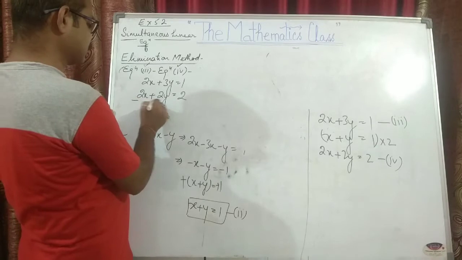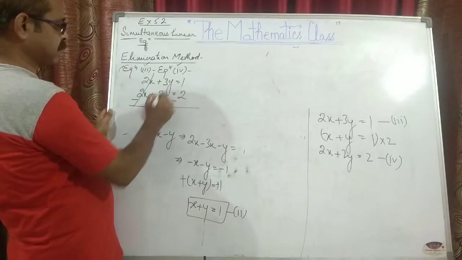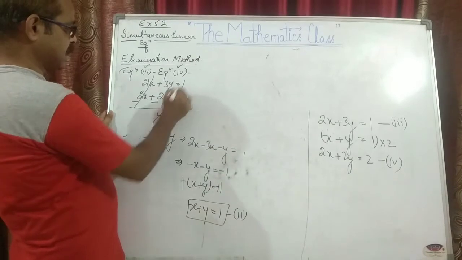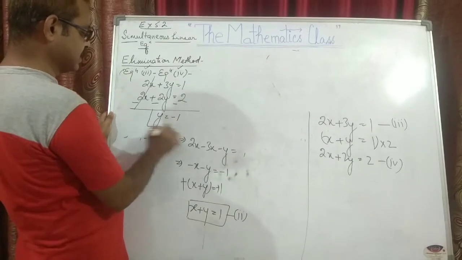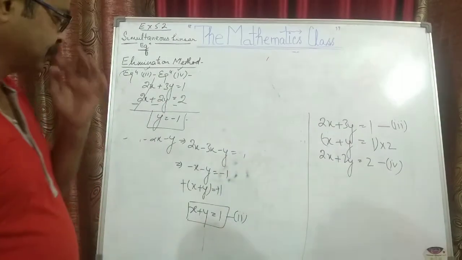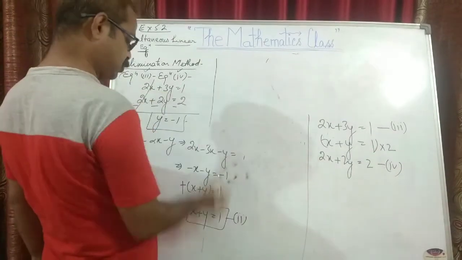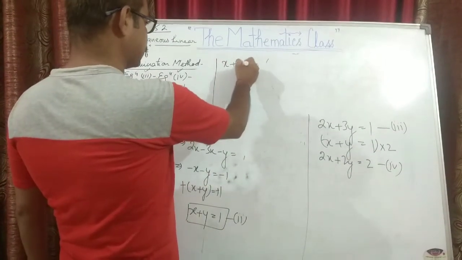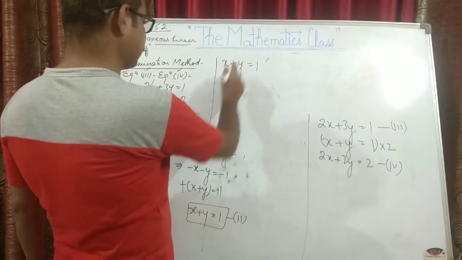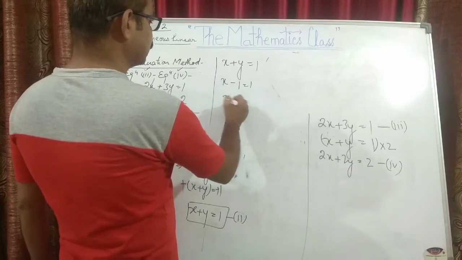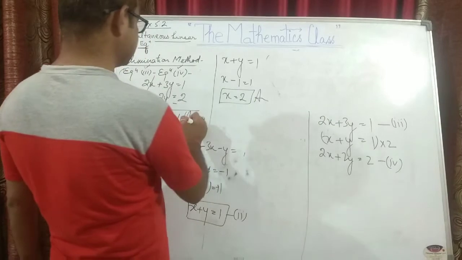When you subtract, the 2x will cancel off. 3y minus 2y is simply y, and 1 minus 2 is minus 1. You got the value of y as minus 1. Substitute this value here or anywhere. So x plus y, we know that x plus y is equal to 1, x minus 1, y was minus 1, is equal to 1, x is equal to 2. This is the value of x and y.